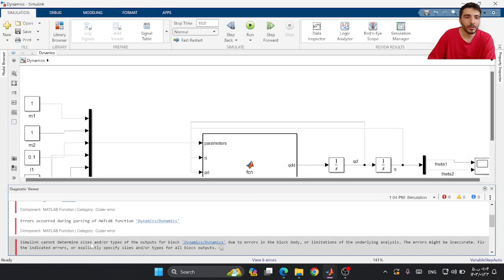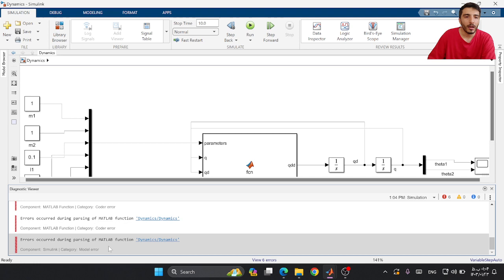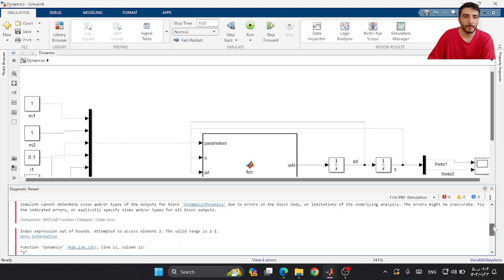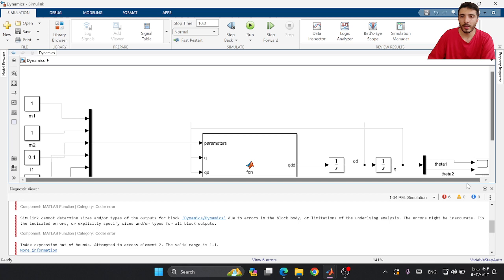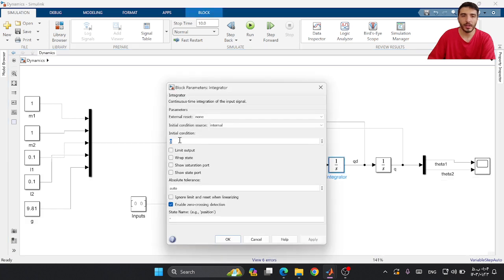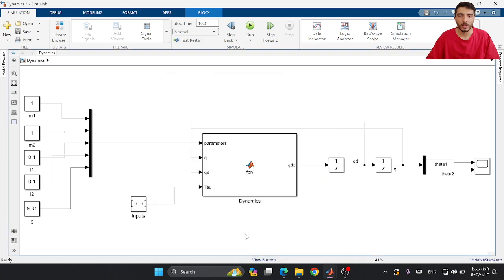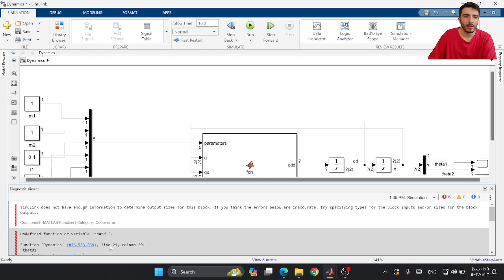Another error here, we need to change this again, 0 and 0, and again run this.